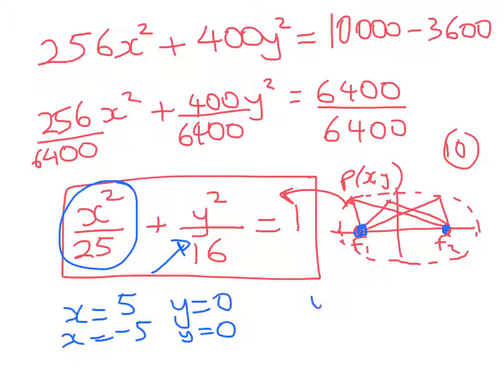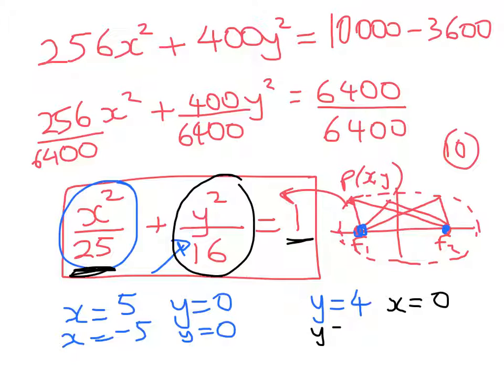Similarly, if I have y equals 4, then I have this term being 16 over 16, which is 1. So this one over here must be 0. And the same thing happens at y equals negative 4 and x equals 0.